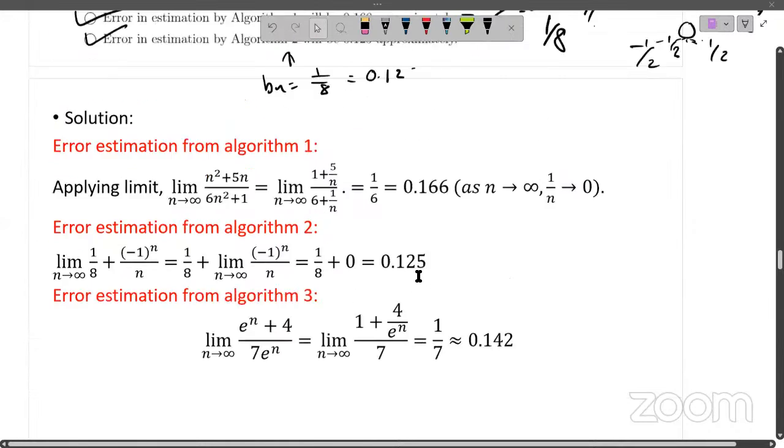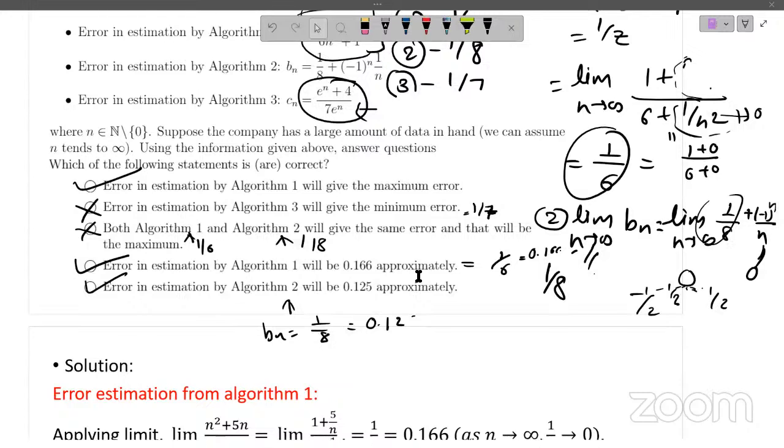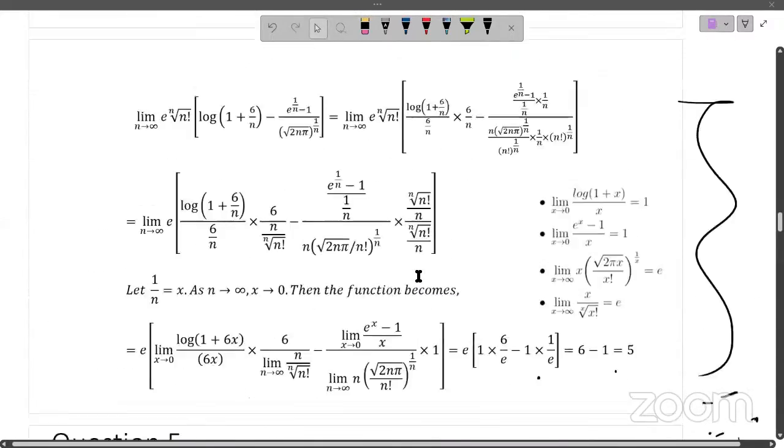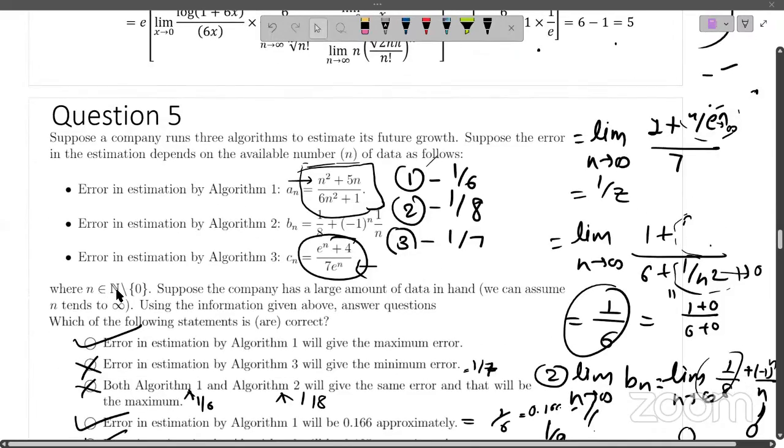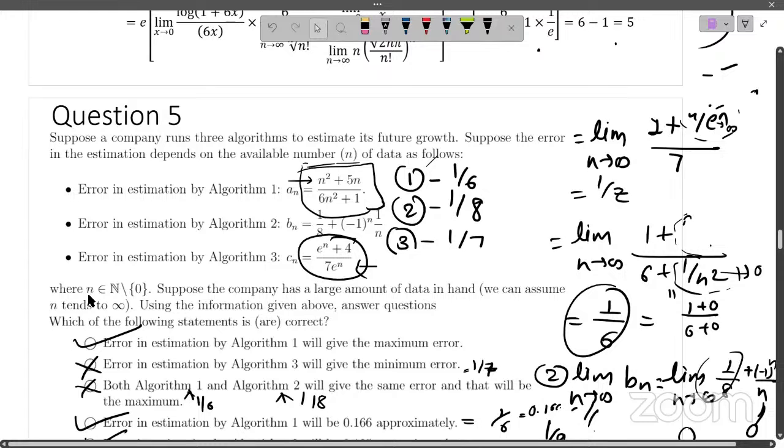So don't worry, we will precisely mention it whenever we are using natural numbers, whether it is 1 to infinity or 0 to infinity. For example, here it is given that n belongs to N minus 0, so you can easily check that n is 1 to infinity.